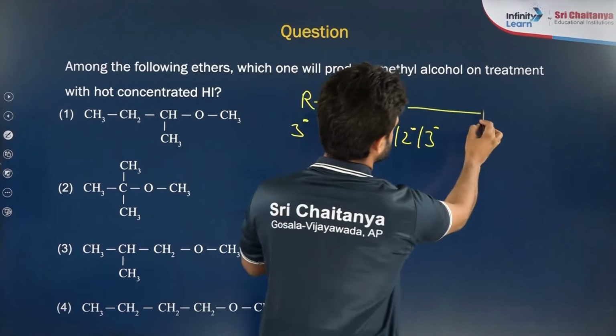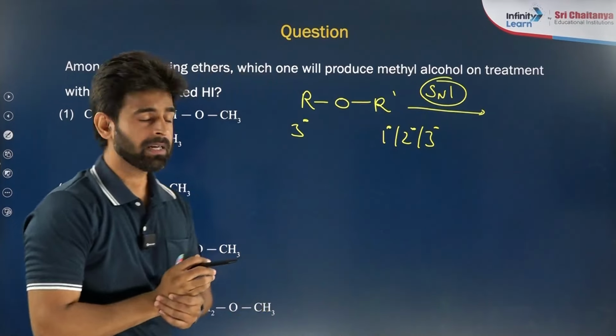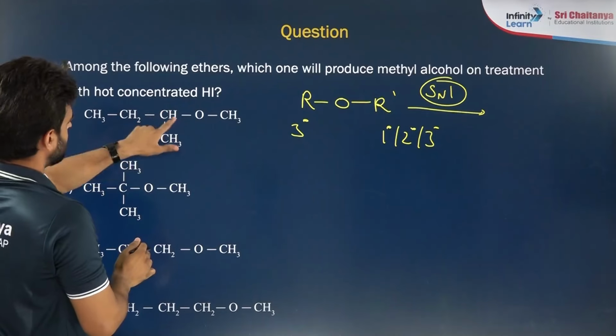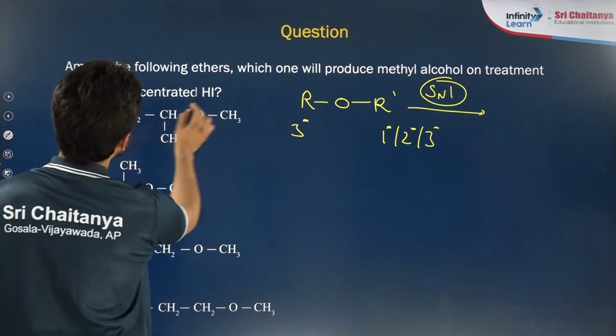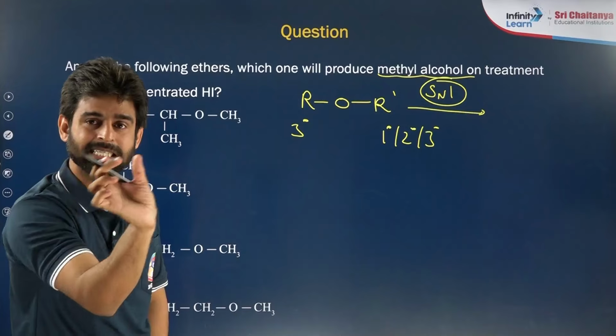The mechanism will be mainly SN1, right? So we can see what we have here, secondary, right? They're asking which one will give methyl alcohol, right?